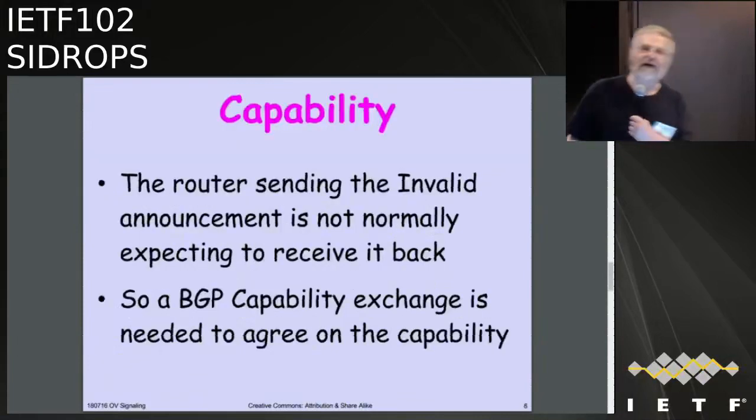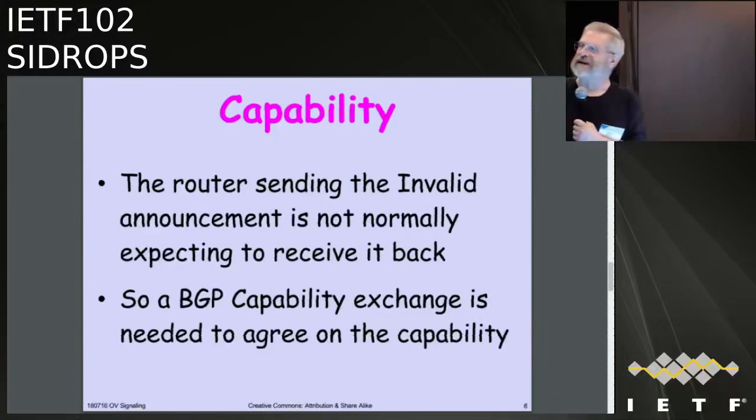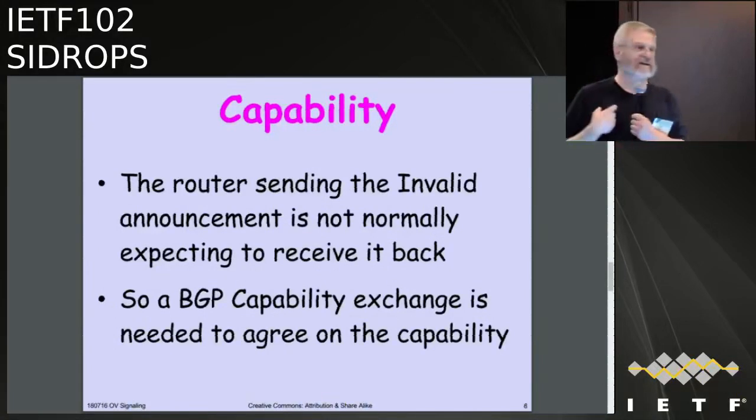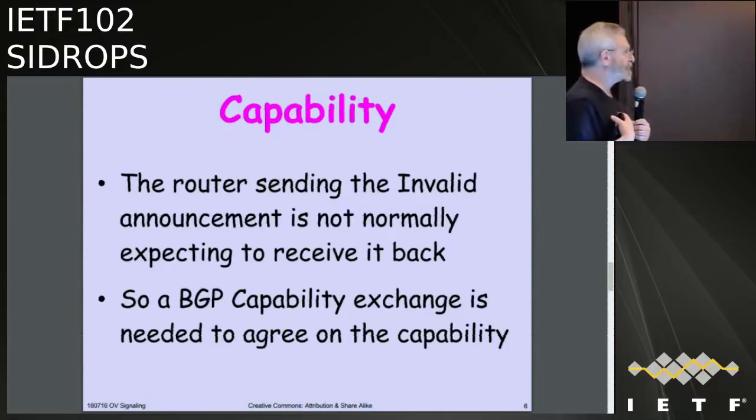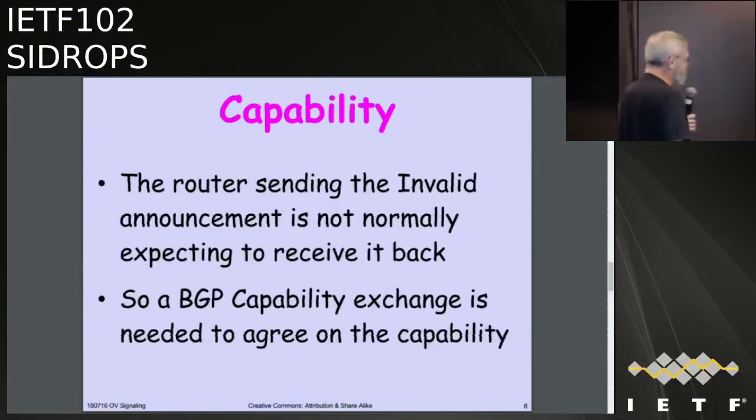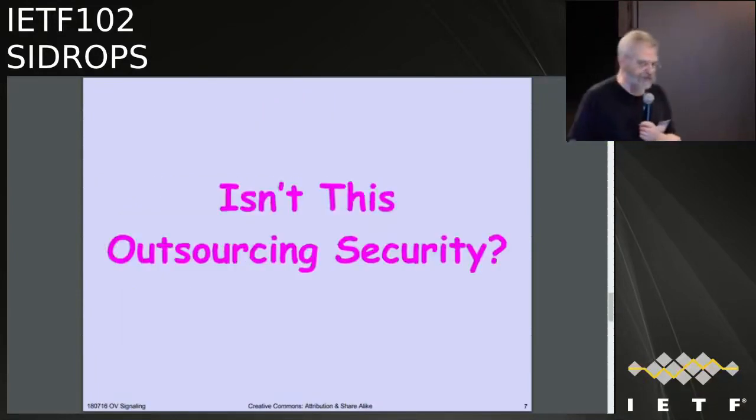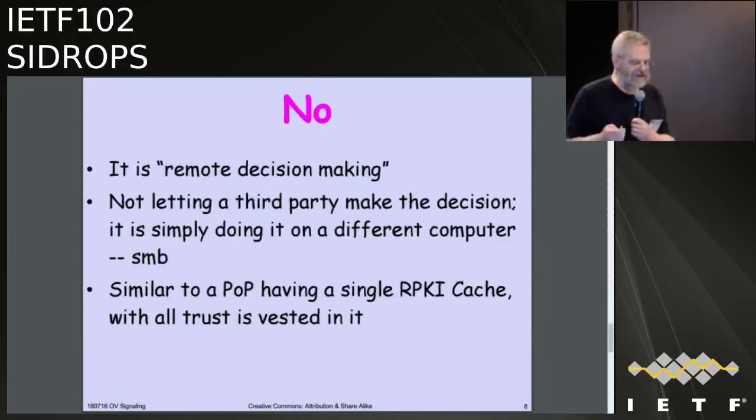Okay. Now, of course, since the sender sending the invalid announcement is not expecting to receive it back, they need to signal the capability. So we have a wonderful new BGP capability that says I can send and receive this SCARP. Isn't this outsourcing security? No, it is not.